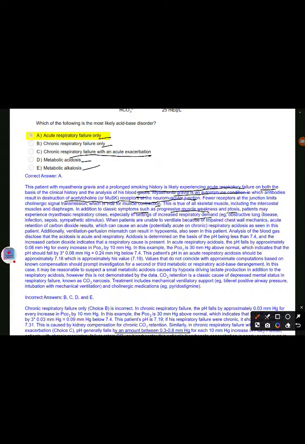Such triggers include obstructive lung disease, infection, sepsis, and sympathetic stimulus.